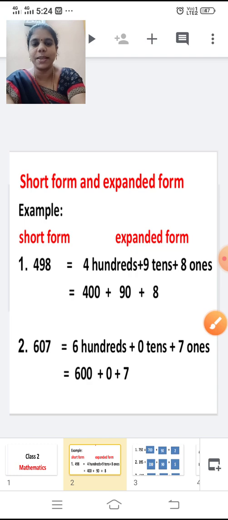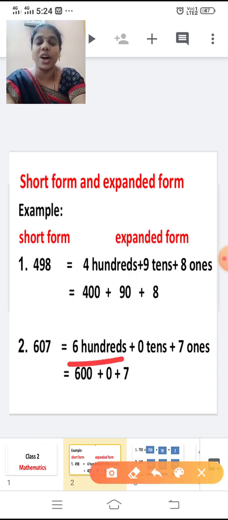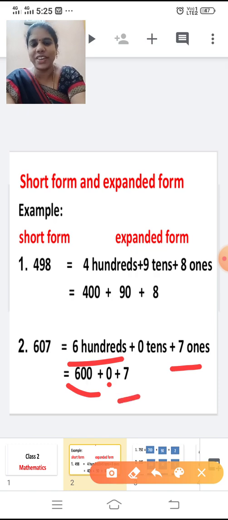So 6 into 100 is 600. Very good. 600 plus 0 into 10. If you multiply any number by 0, the product will be 0, right? So 0 into 10 is 0, plus 7 ones, 7 into 1, 7. So the answer is 600 plus 0 plus 7.